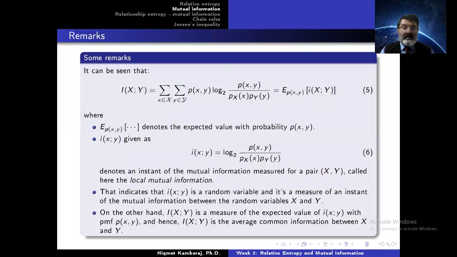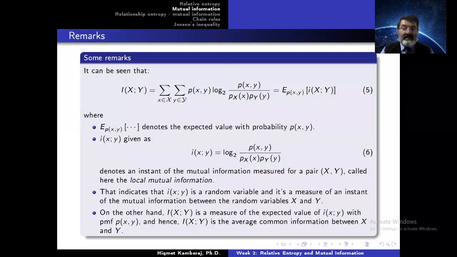Here, E_p(x,y) denotes the expected value with probability p(x,y), and small i(x;y), which is given as log base 2 of the ratio p(x,y) over the product p(x) times p(y), denotes an instance of the mutual information measured for a pair x and y, called here the local mutual information.